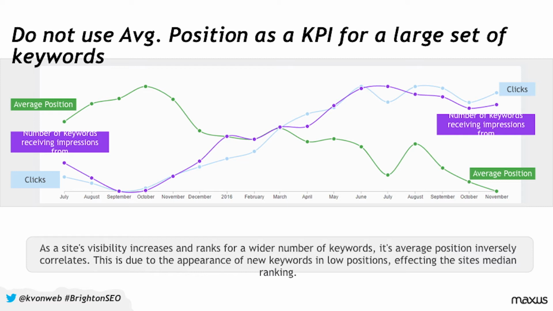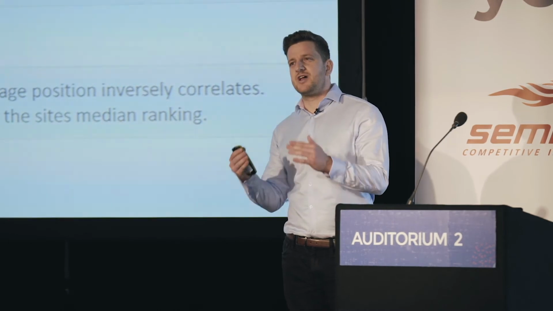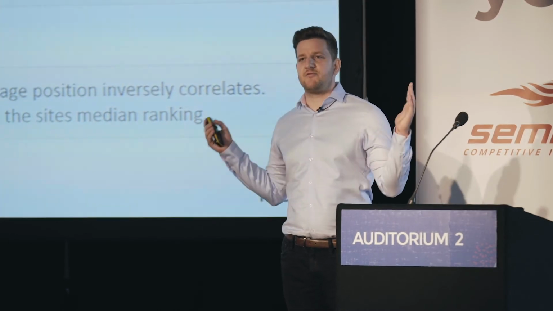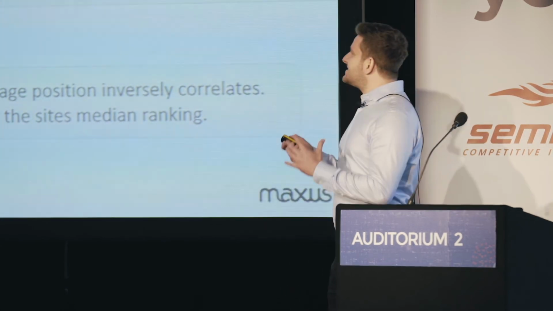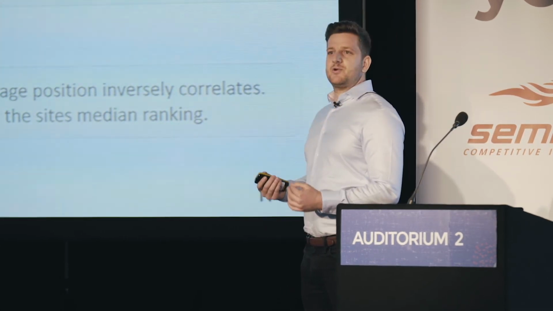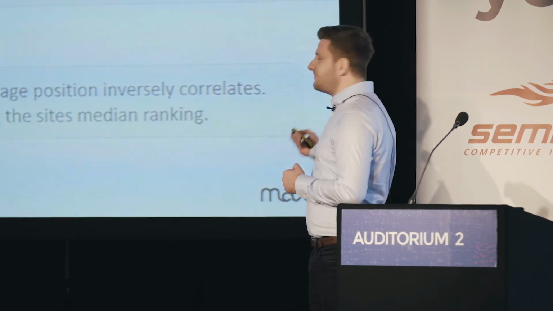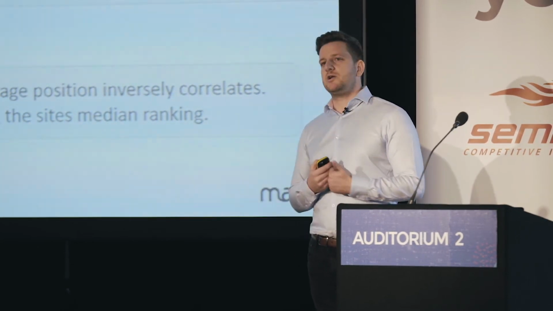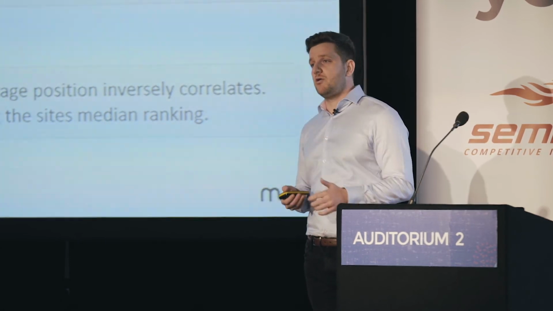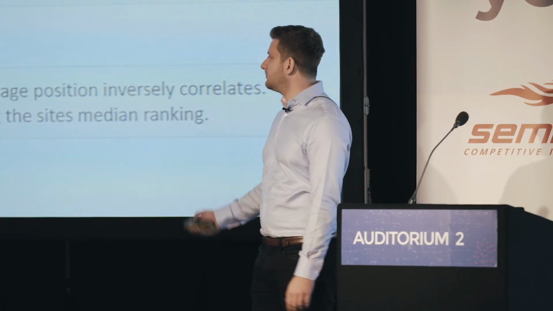This is, again, for the same reason: when you start appearing for new keywords, they appear from the 5th page of Google search results. And the more new keywords you appear with, the lower the average position becomes. So I would only use the average position when looking at a single keyword or the same set of keywords over time.